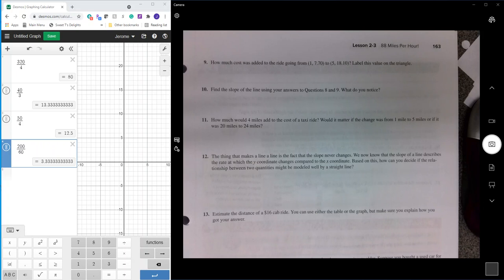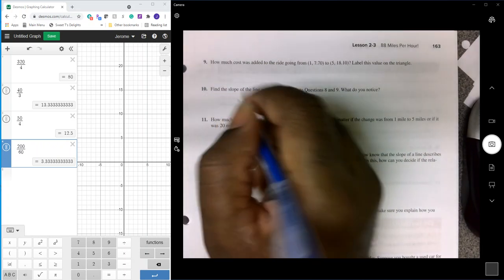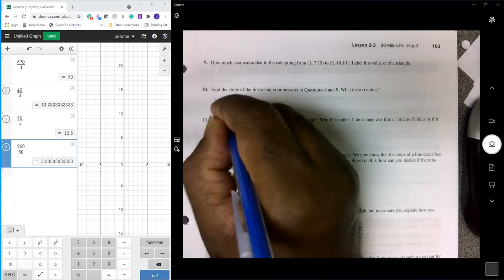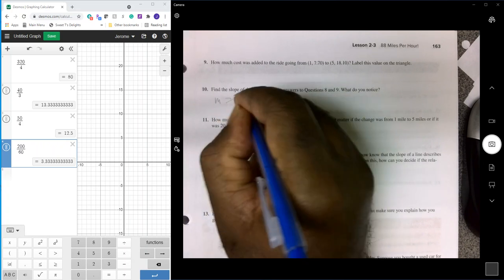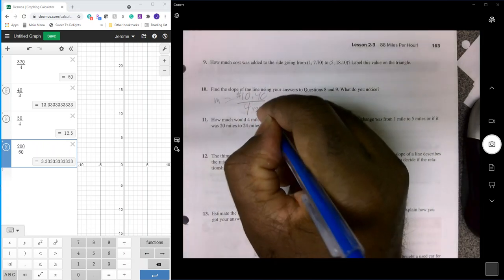Now, number 10, find the slope of the line using your answers to question 8 and 9. Okay, so the questions 8 and 9. All right, so what we would do, we would take the 10.40 that we have for the y value, and then the 4 miles that we have for the x value.